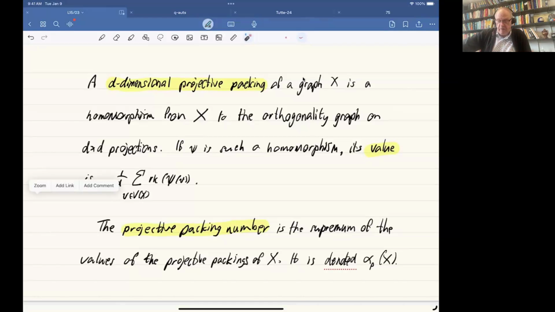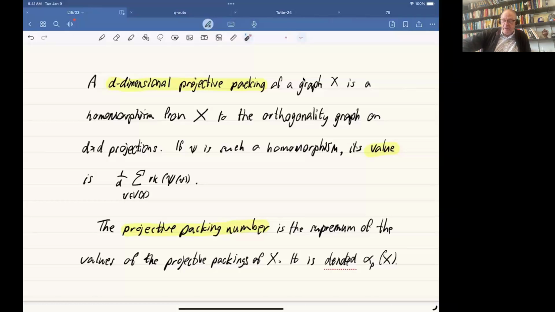That first sentence defines a projective packing. The question is we want to assign a value. If psi is such a homomorphism, its value is 1 over d times the sum of the ranks of the images. So you're mapping your vertices to projections, you sum the ranks and then divide by d, and the projections are all d by d.